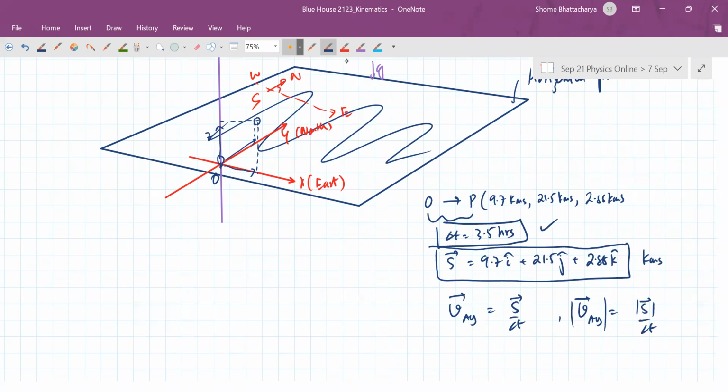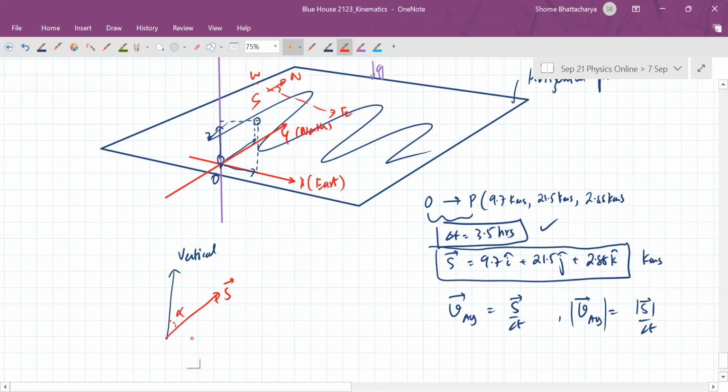Now one more thing the question asks: the magnitude of its average velocity, and the angle that the average velocity makes with the horizontal. This is a very interesting thing. For that you have to understand that if you look at this as your vertical axis, then your displacement S is at some angle with the vertical axis, let's say alpha.